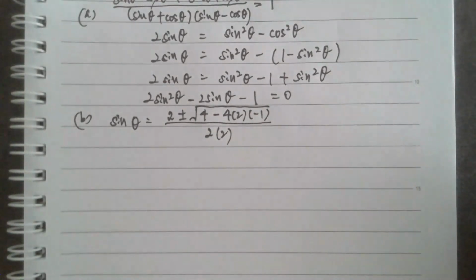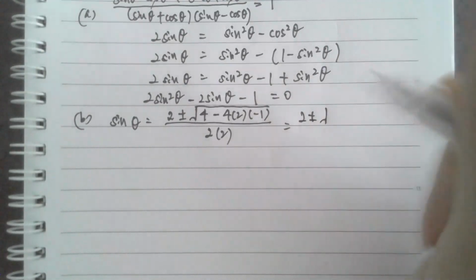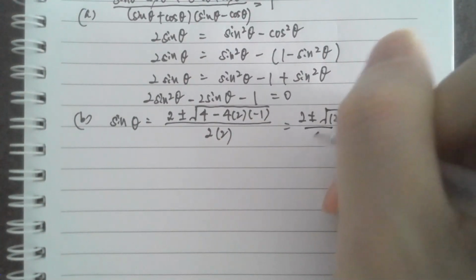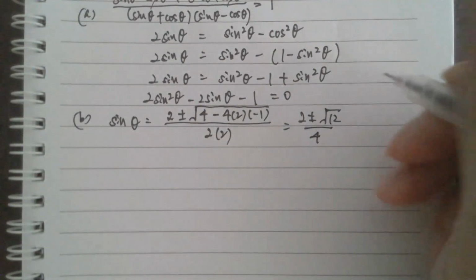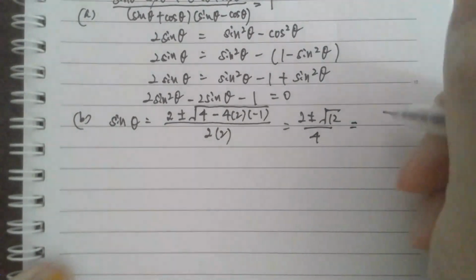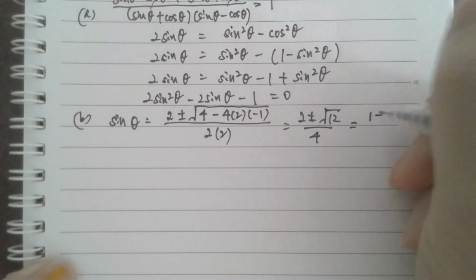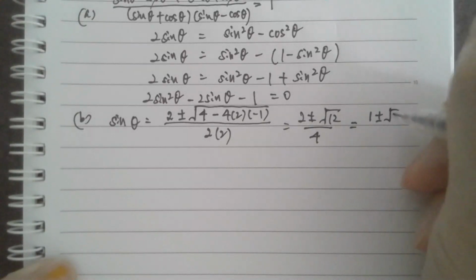So this gives us 2 plus minus square root of 12, divided by 2 times 2, which is 4. This can be further simplified: 12 is 4 times 3, so I can take out root 4, which is 2, and this is root 3 divided by 2.